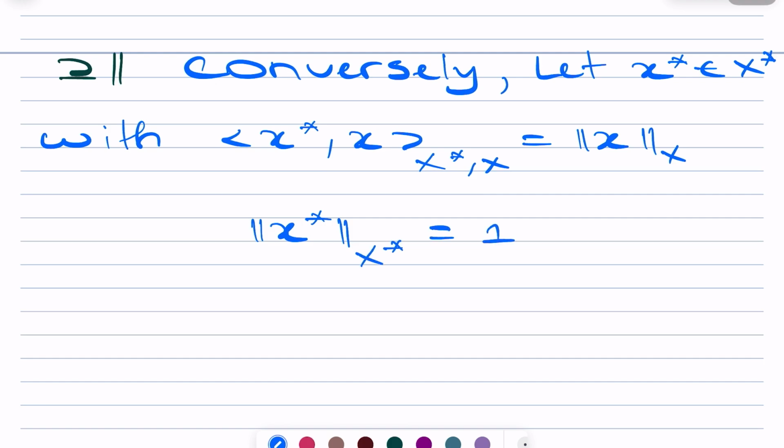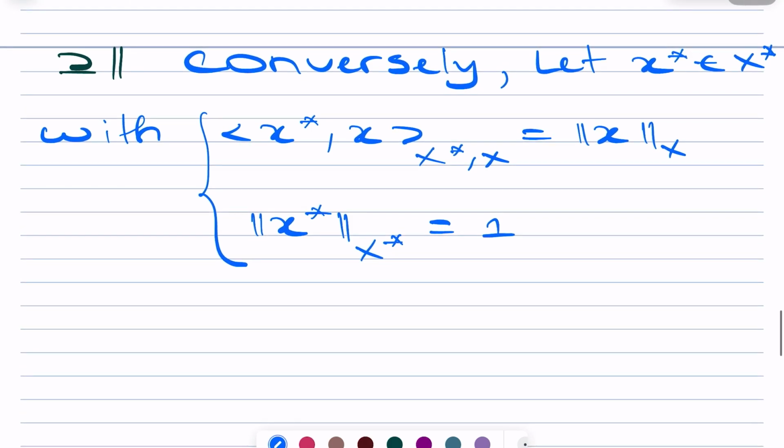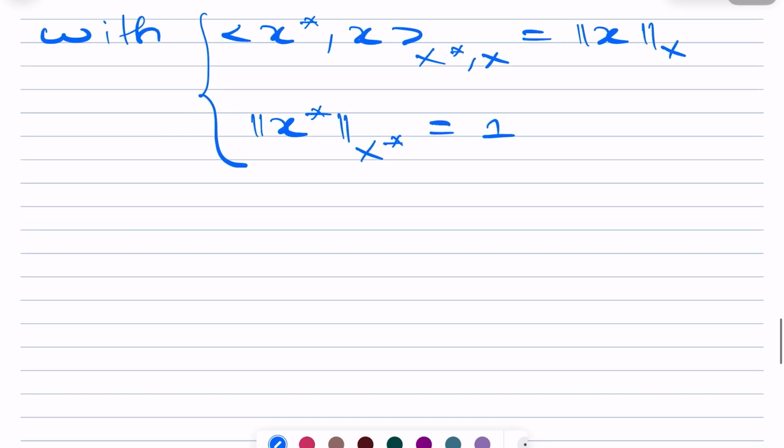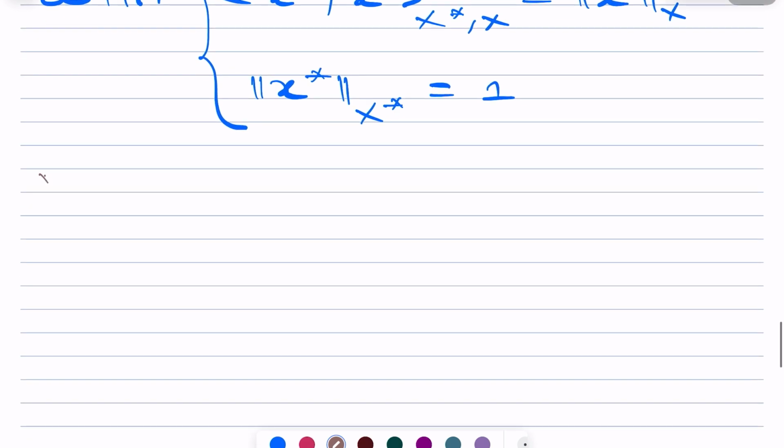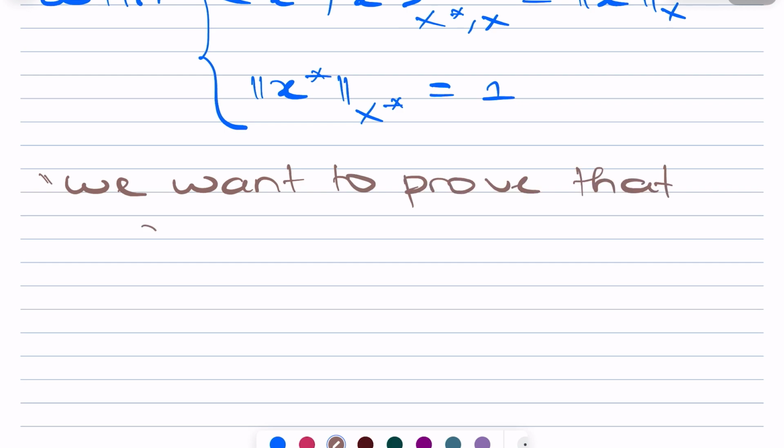Of course our goal is actually to show that such a linear bounded operator lives in the convex subdifferential of the norm function at the point x. So maybe I write it down. We want to prove that x star is in the convex subdifferential of the norm function at the point x.